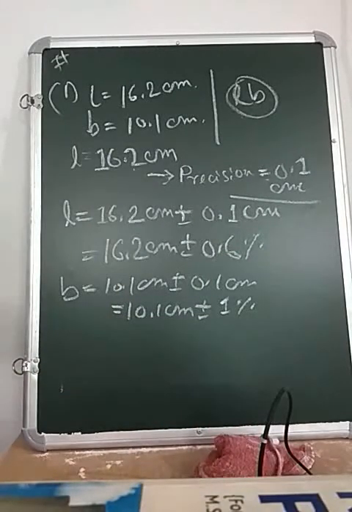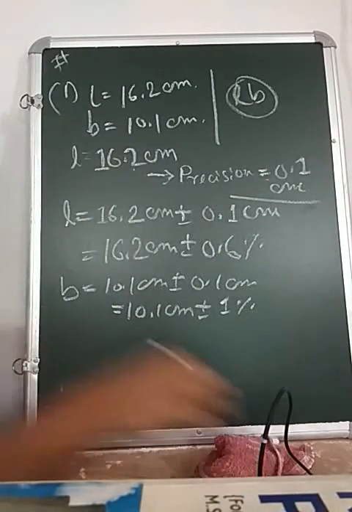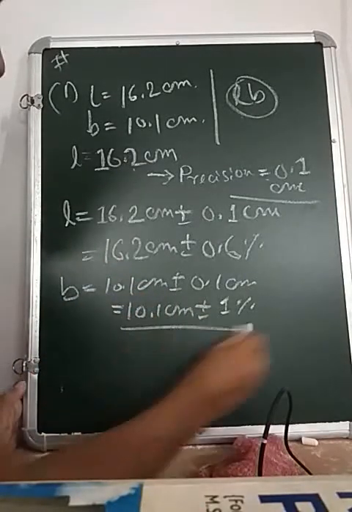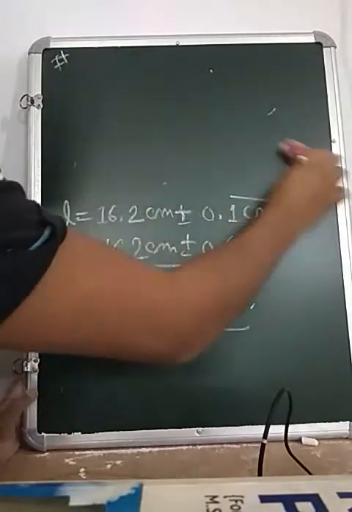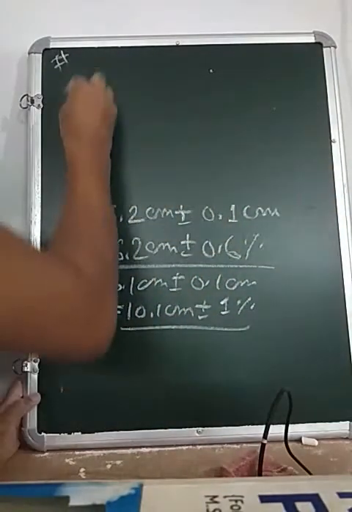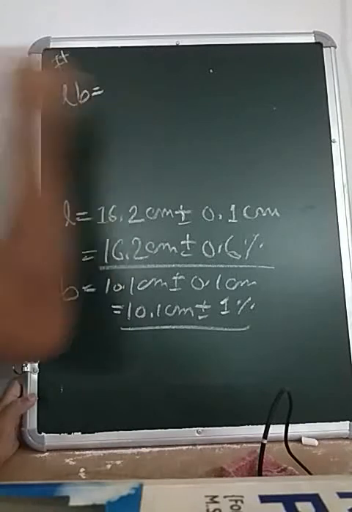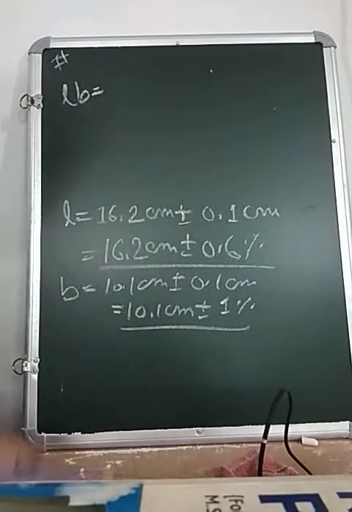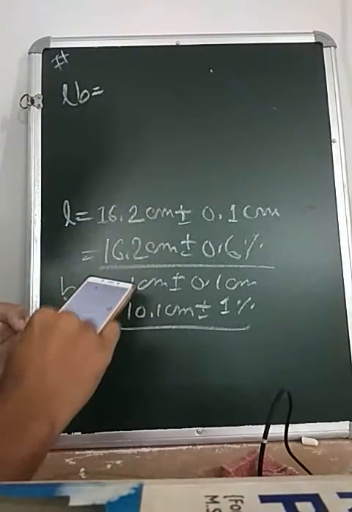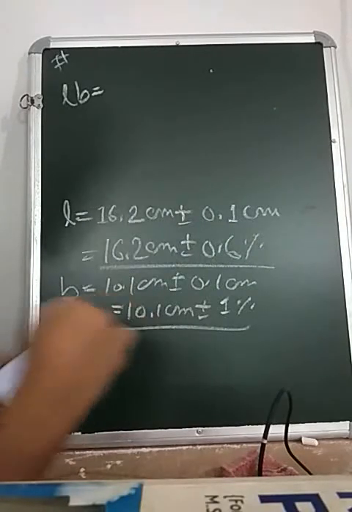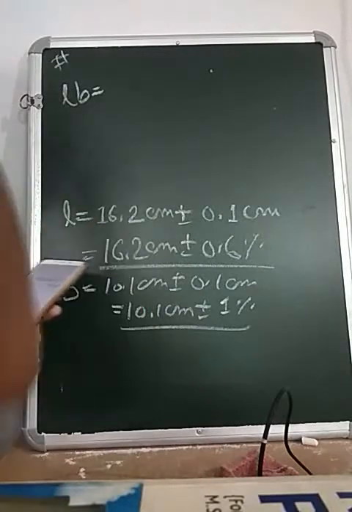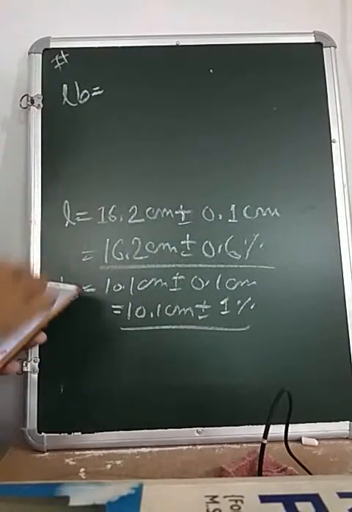Okay, so now we have these two. So now we go for multiplication. Okay, so area L times B is equal to how much? We have to multiply 16.2 into 10.1. So how much will it be? 163.62.